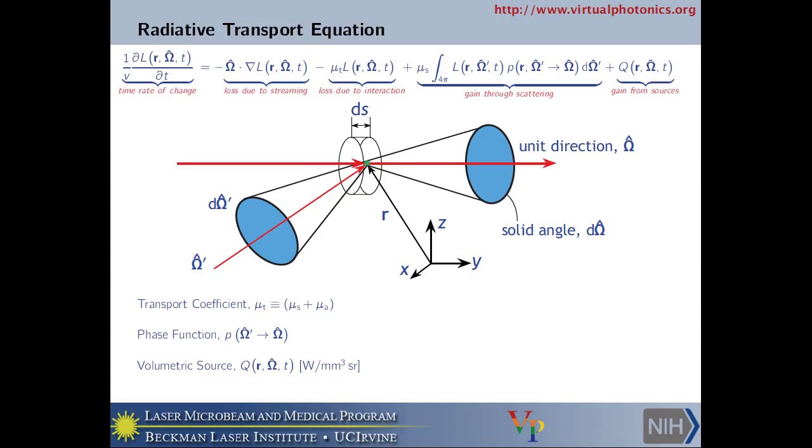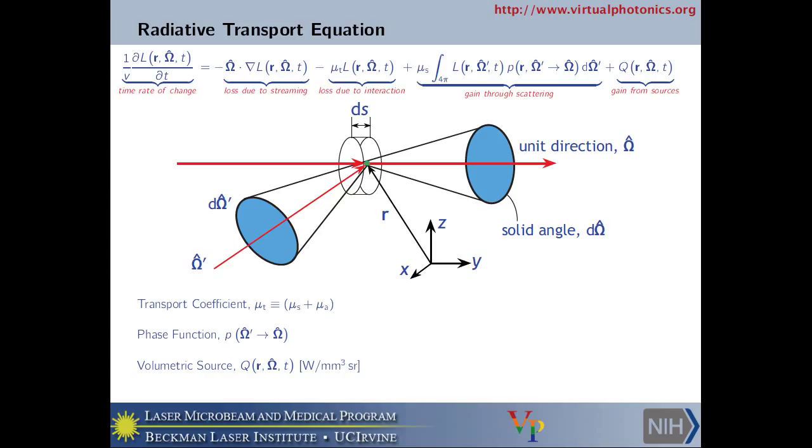You can also lose light out of direction omega due to an interaction. That interaction can be through absorption. We know that if you have absorption, the light's gone. You could also have a loss of light from omega due to scattering, because the scattering takes the light from omega to a different omega, which is dealt with by a different equation.